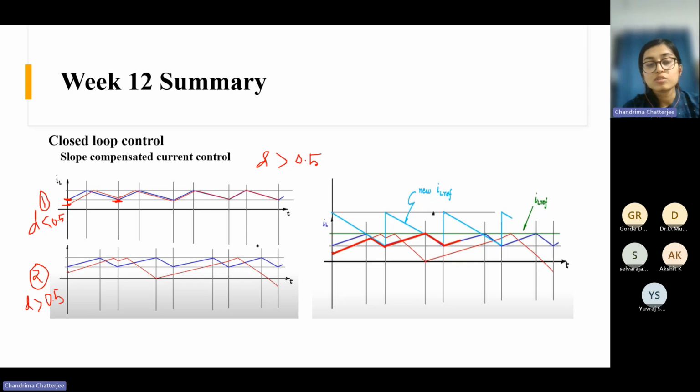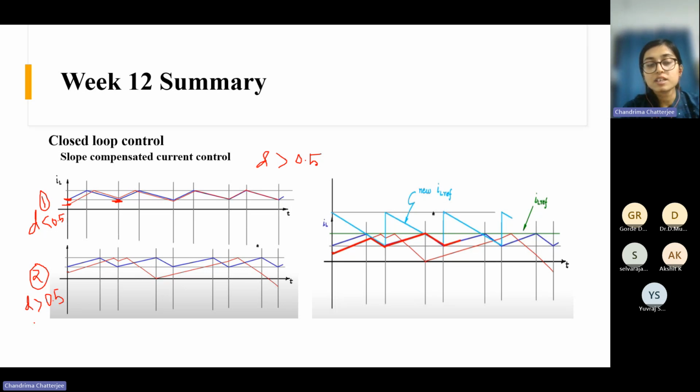Then although the operating point shifts, eventually it will coincide with the actual, ideal waveform. Although there is some mismatch here, eventually they will coincide.